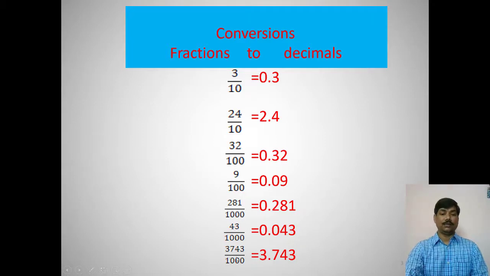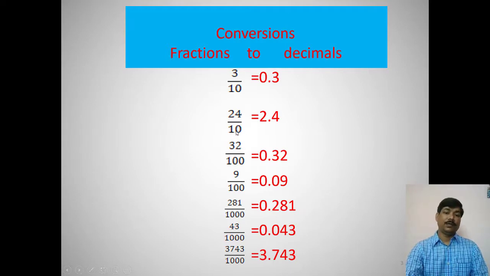All these are fractions, and we convert them into decimal. How do we write in decimal? It is divided by 10, so the numerator will be at the tenth place. It means 0.3.